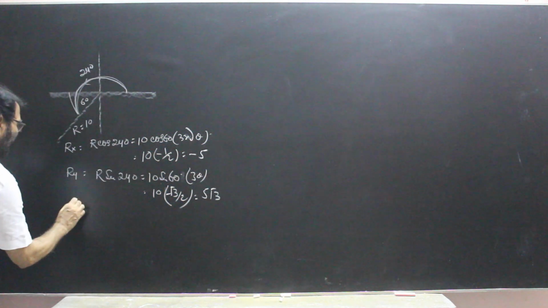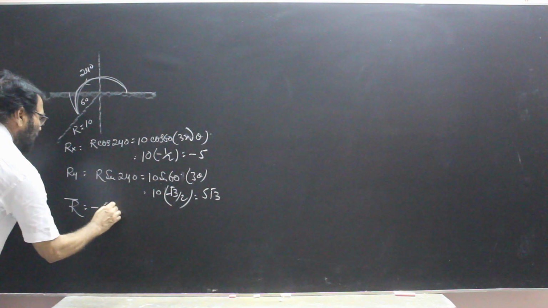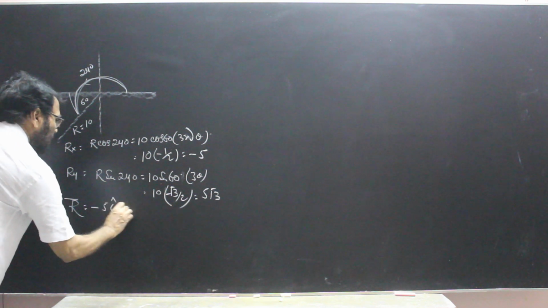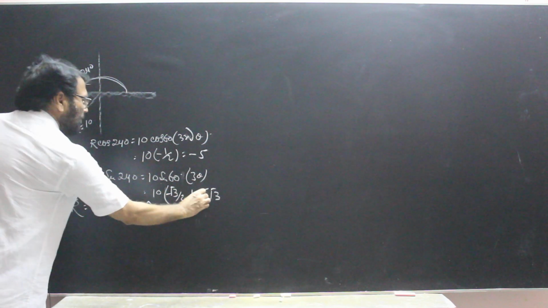So now this r can be written as -5i minus 5 root 3j.